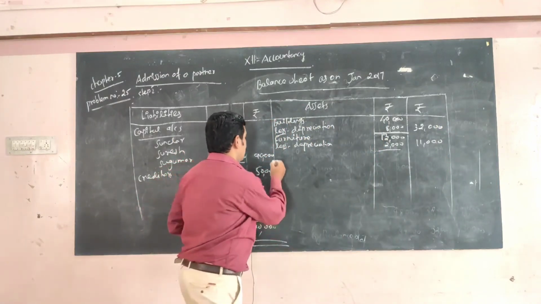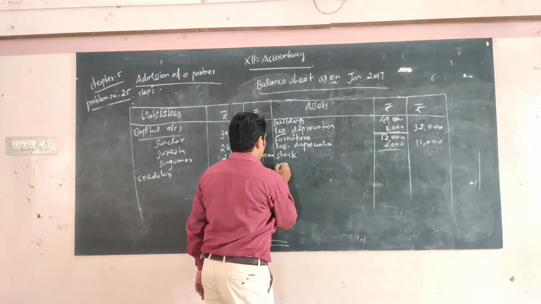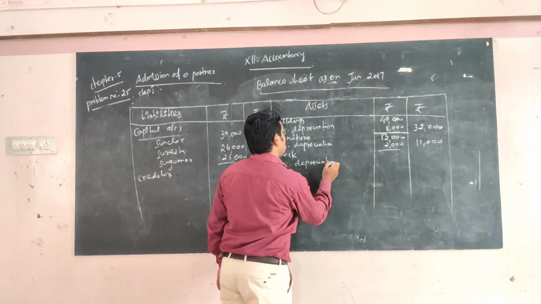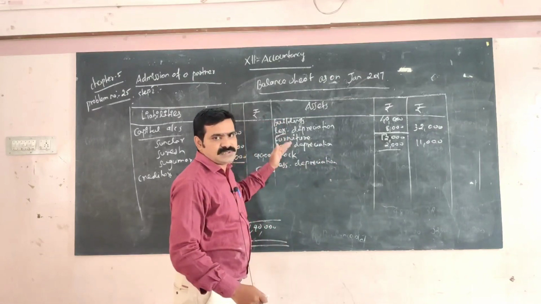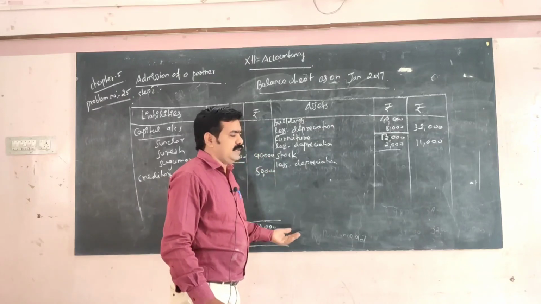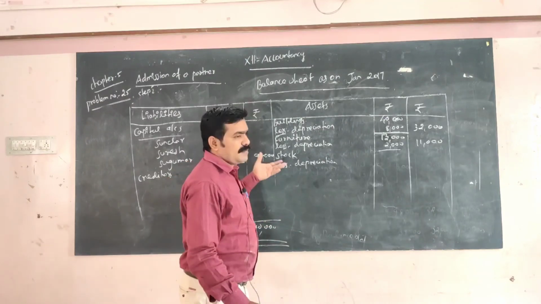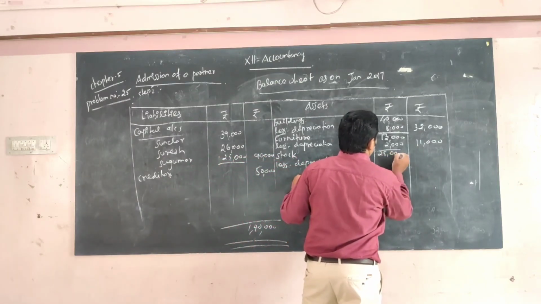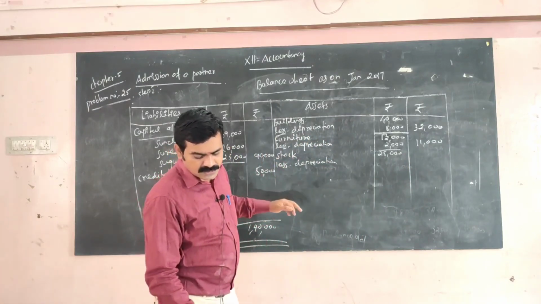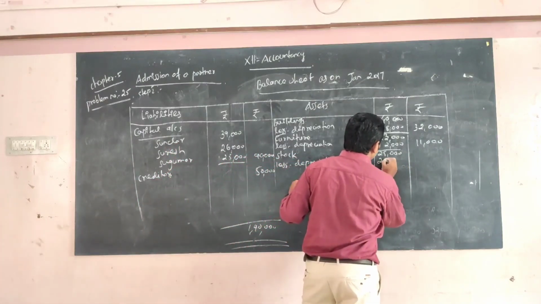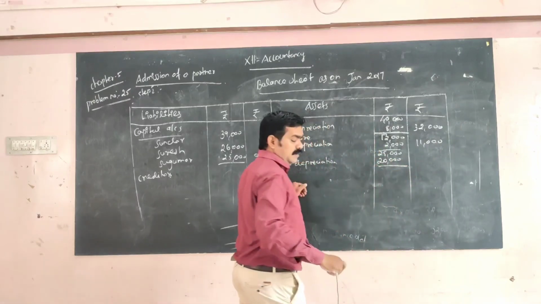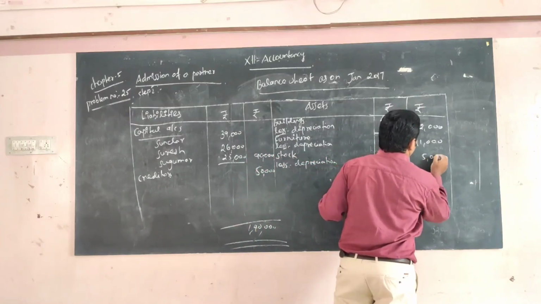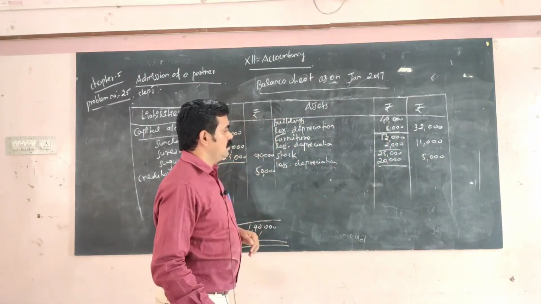Next, stock, less depreciation. Depreciation means you have to subtract from the original value, and appreciation means you have to add to the original value. Stock 25,000, the stock depreciated by 5,000, so 20,000.